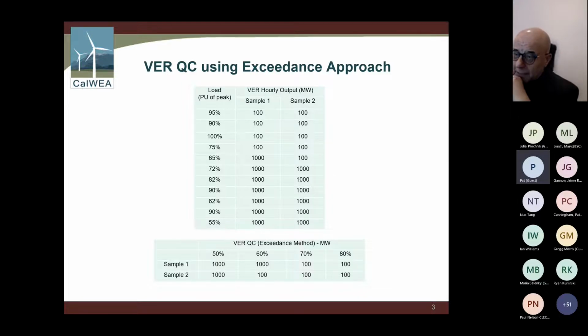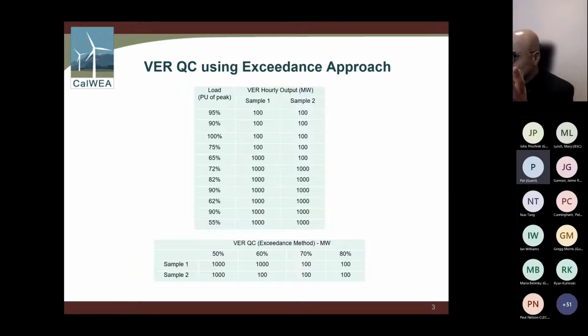But the point is, if we go by 24 hourly slices for each month of the year, and given that, based on at least our research, we couldn't find more than 3 years' worth of actual wind and solar generation going backward on the CAISO website, OASIS, we have a very limited sample for every hour, for each slice, which would be 1 hour of the month. We will have only 93 samples.